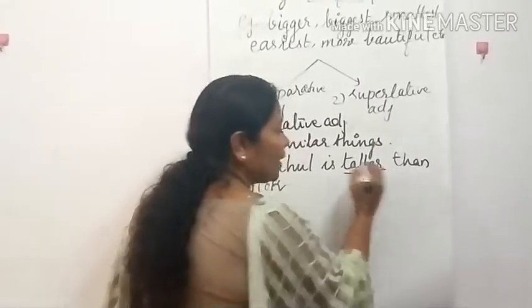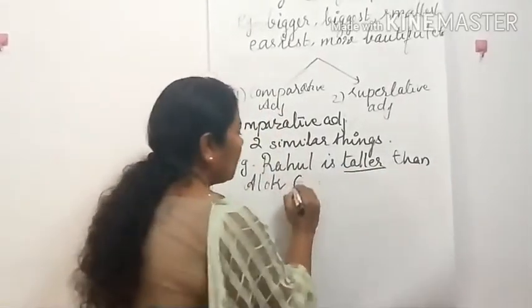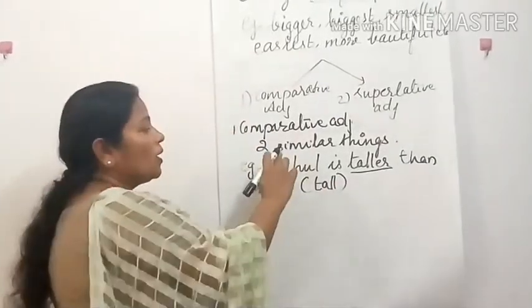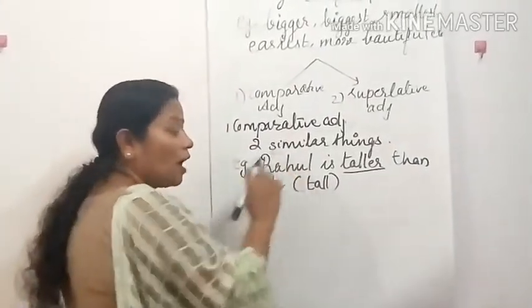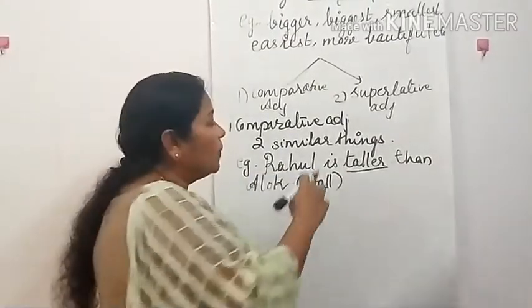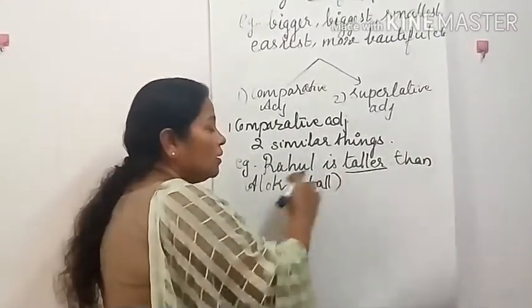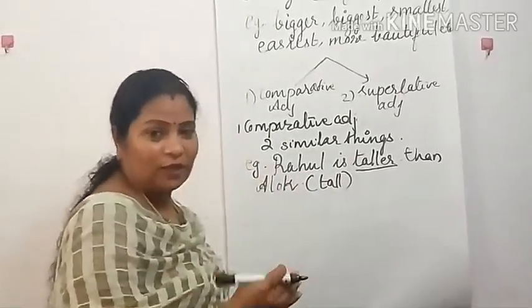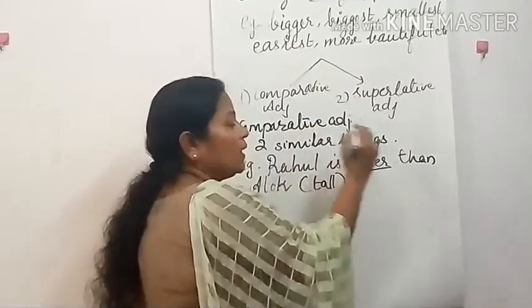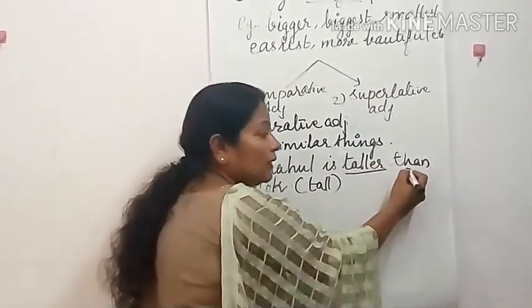Which is our comparative adjective? Taller. It is formed from the adjective tall. So two similar things, Rahul and Alok, are being compared. Rahul is taller than Alok. Remember kids, in comparative we use the word than.